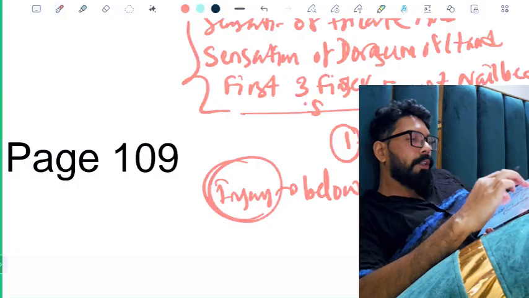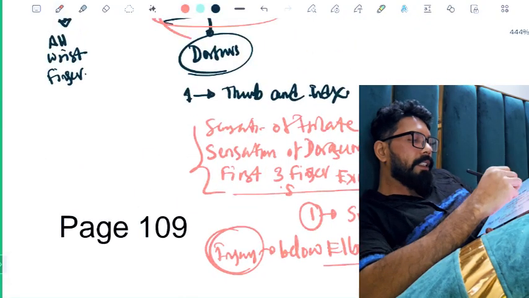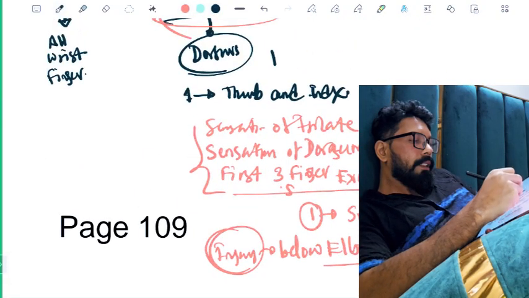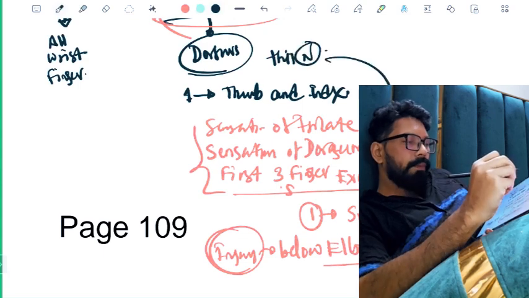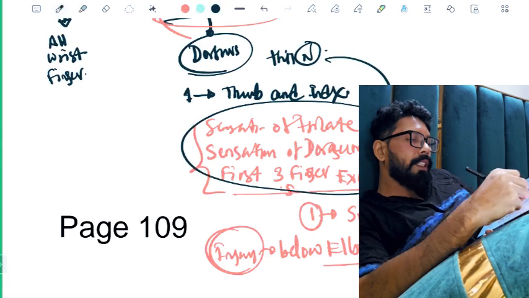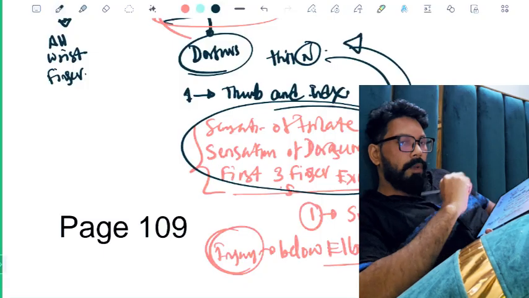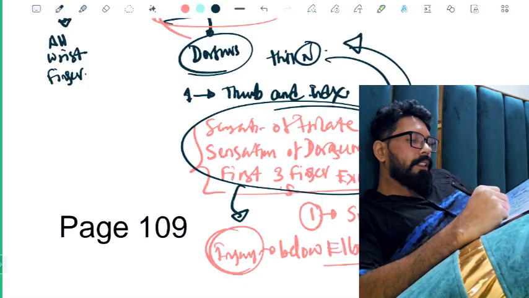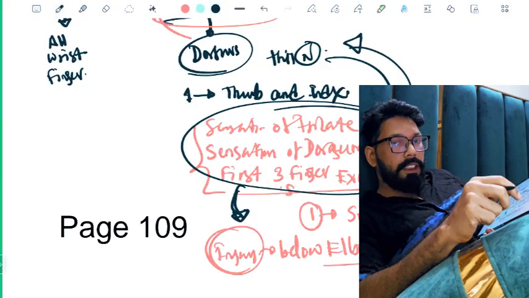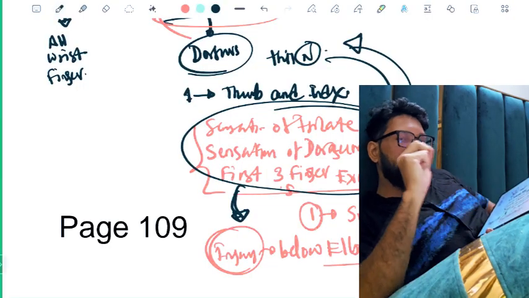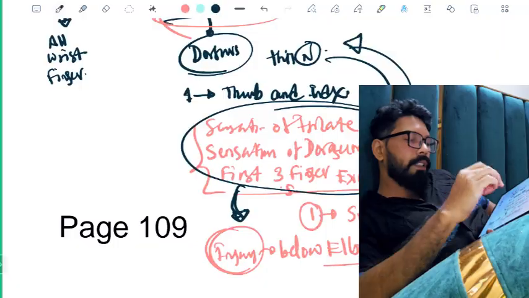So if this nerve is damaged, what will be the scenario, or if you have this scenario, which nerve is damaged and where is the most likely injury? These are the questions they ask you in the exam specifically.